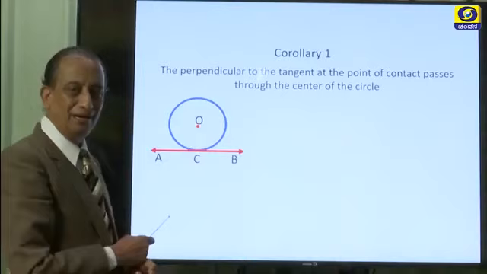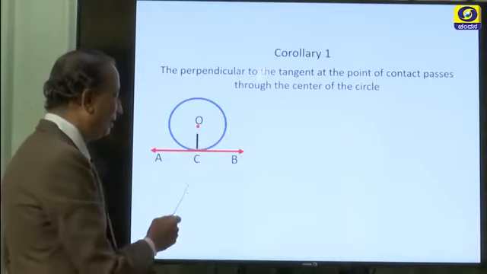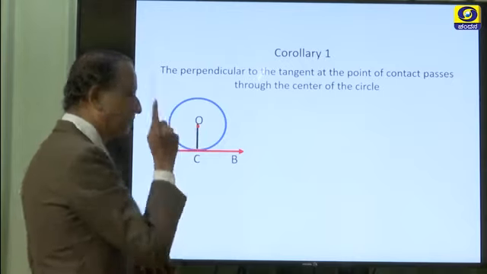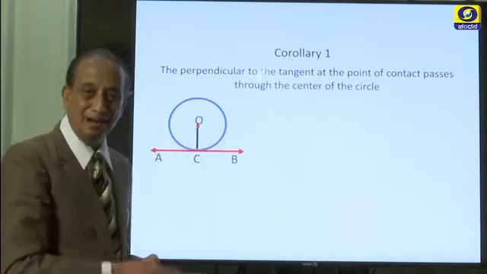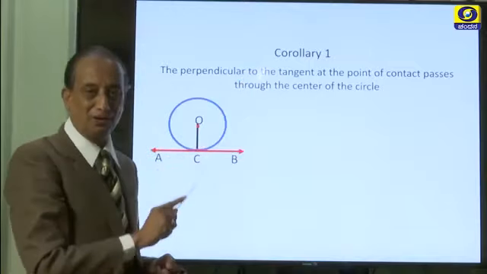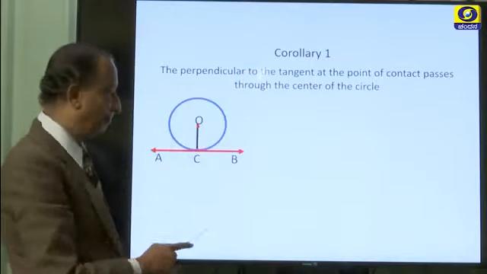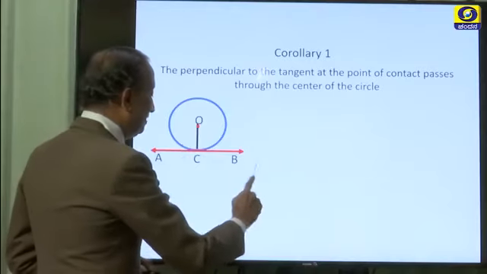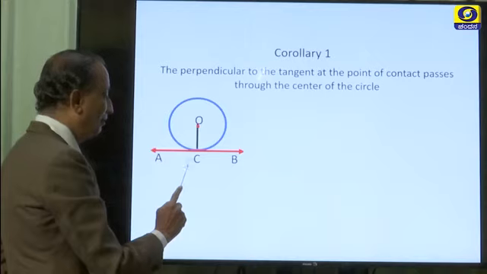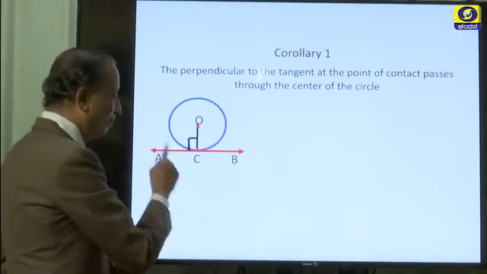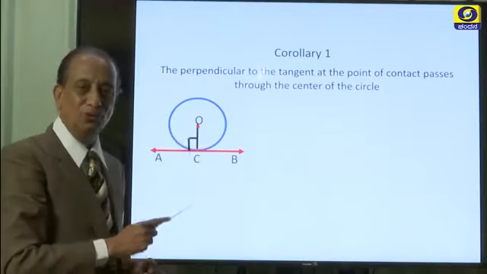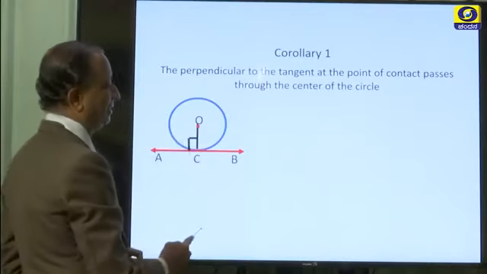If you draw a perpendicular at this point of contact like this, it will definitely pass through the center, and this is the first corollary to the 4.1 theorem. This is the tangent, this is the point of contact, this is the perpendicular we have drawn. This is the symbol for 90 degrees, and this line CO will pass through the center of the circle.